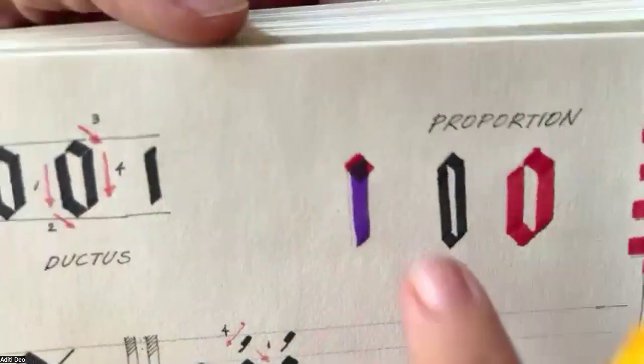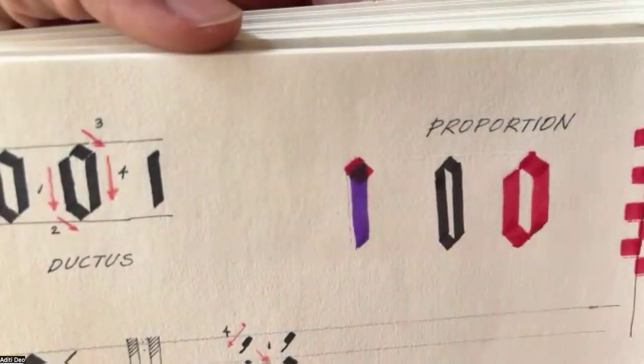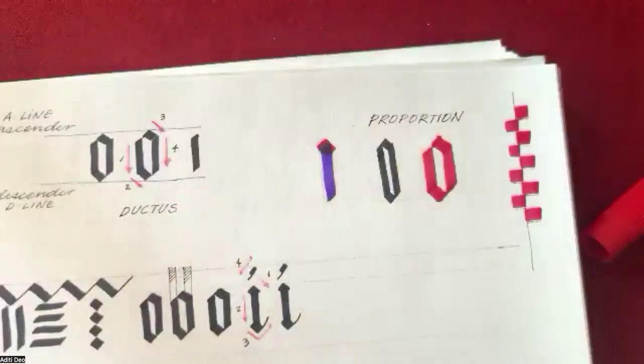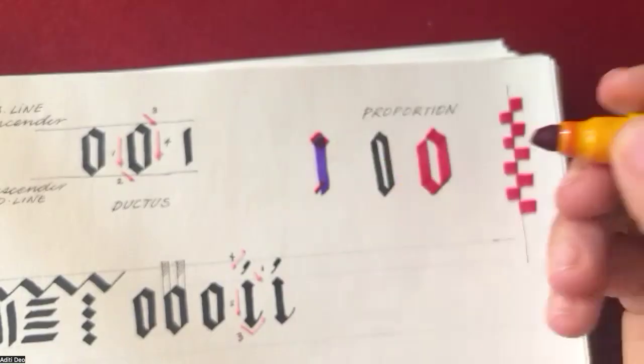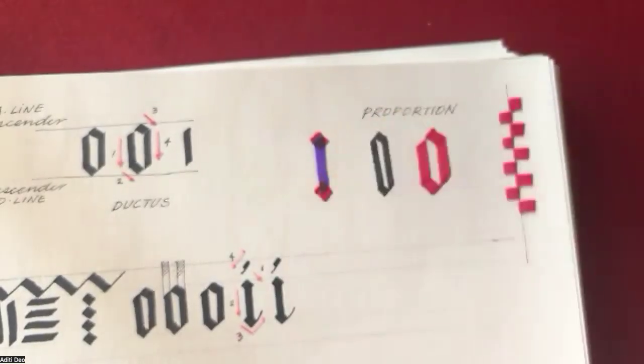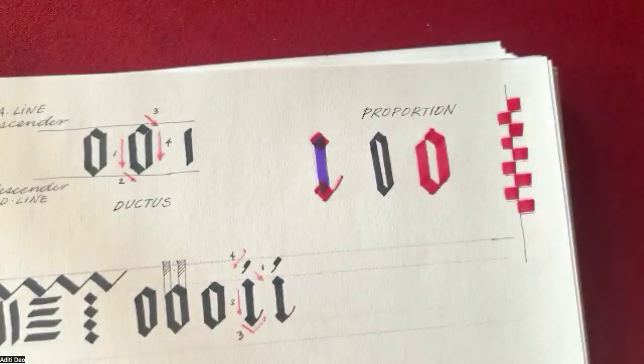Can you see this overlap? And then I'll make the diamond again. At the bottom, again with an overlap.